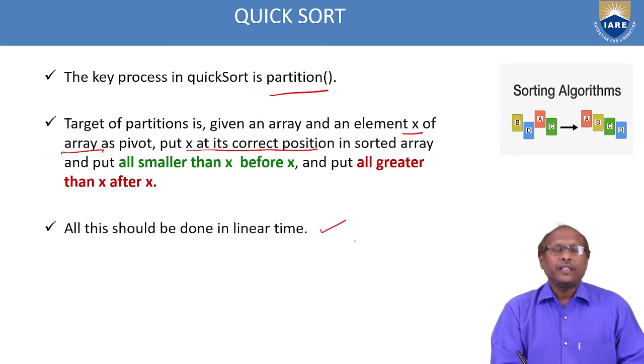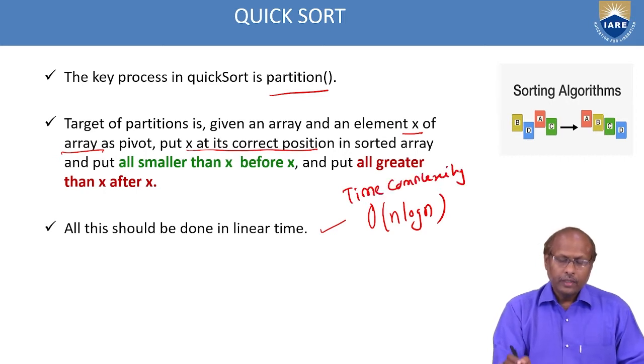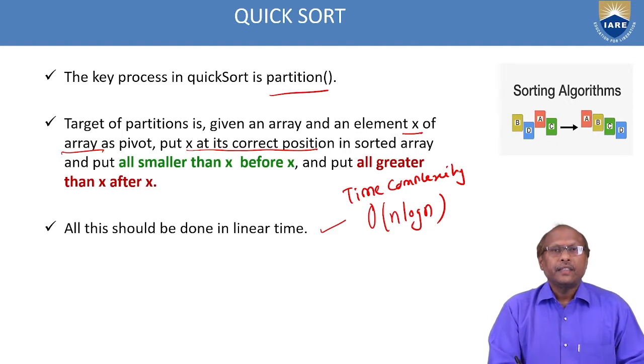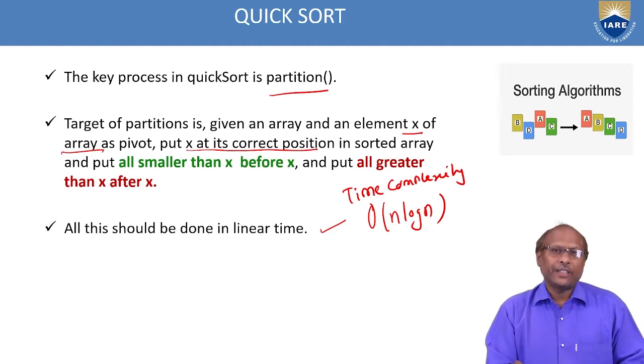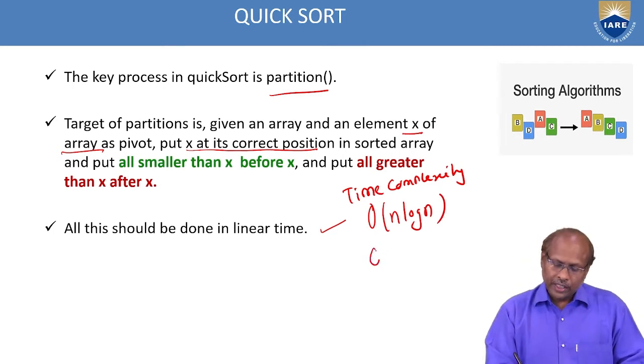So overall the time complexity will be order of n log n. If the data is given in a mixed order, that means a haphazard or random order, you will get this. If the data is already in sorted order, then the time complexity will be order of n square.